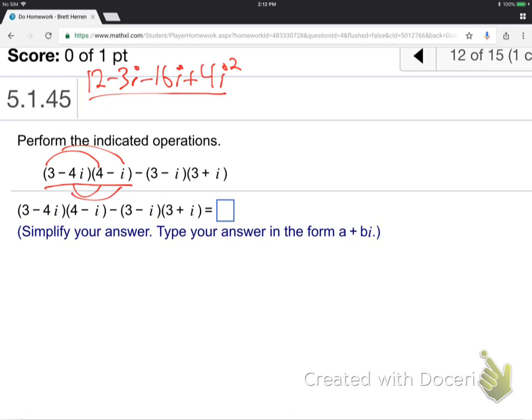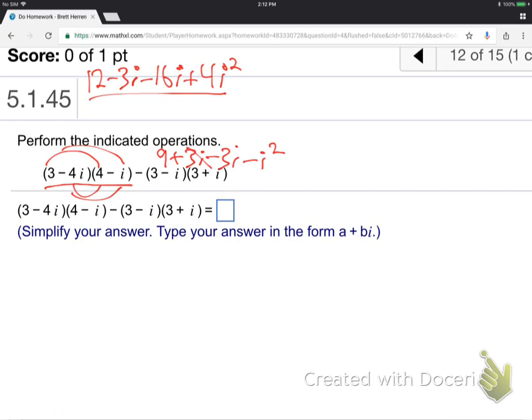Now, here's the real part that gets everybody. Do you see this minus sign right in the middle? That's going to need to distribute through all the parts of the answer that we get from the FOIL in the back of it. Super easy mistake people make there. Let me show you. If you FOIL this right here, you'll get 9 plus 3i minus 3i minus i squared.